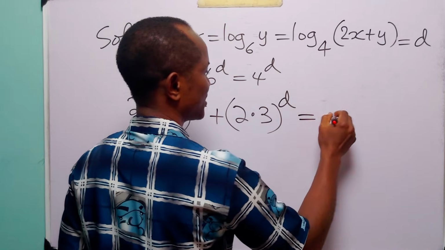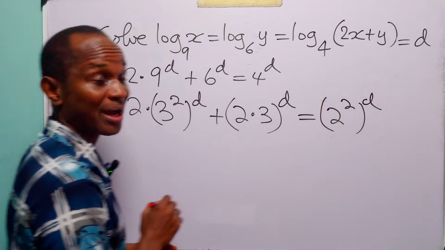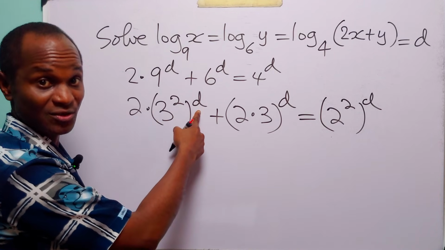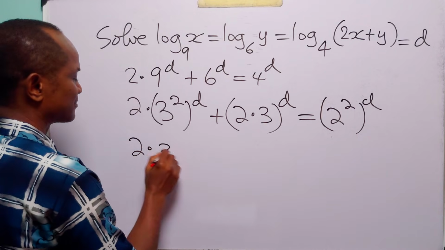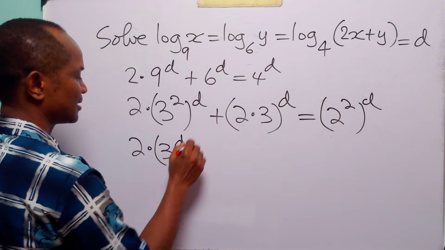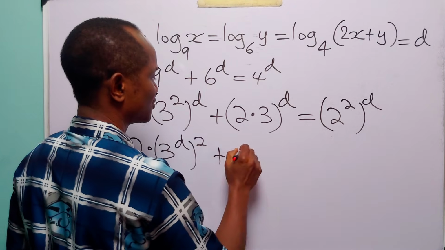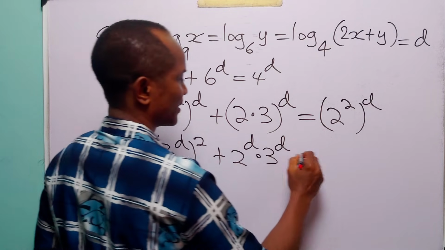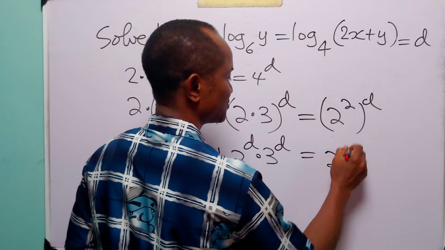And 4 is 2 squared, so this is 2 squared to the power d. Now, we can switch the places of these two powers. When we do that, this equation becomes 2 times 3 to the power d squared plus, opening this bracket, 2 to the power d multiplied by 3 to the power d. And this is equal to, switching the places of these two powers, 2 to the power d squared.